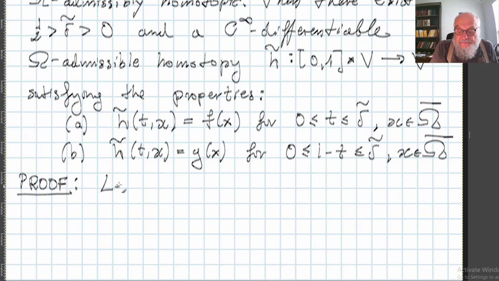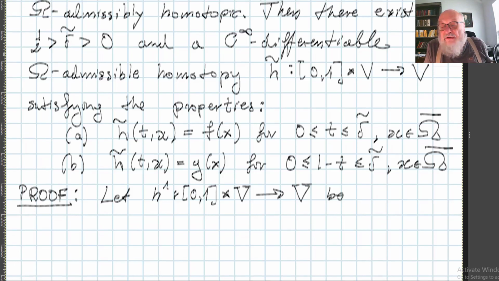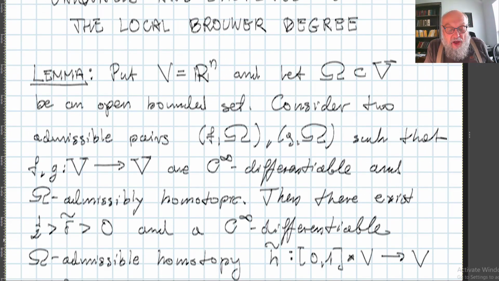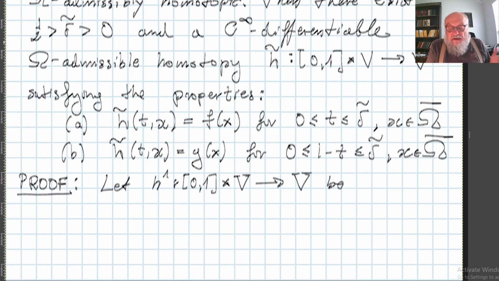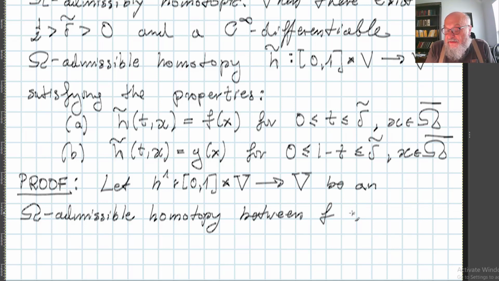Let H1 from [0,1] times V to V be the omega admissible homotopy between F and G postulated in this lemma.